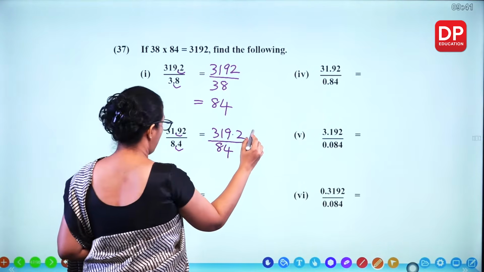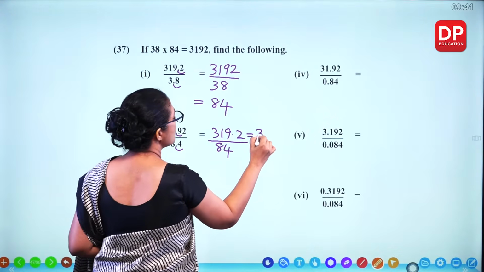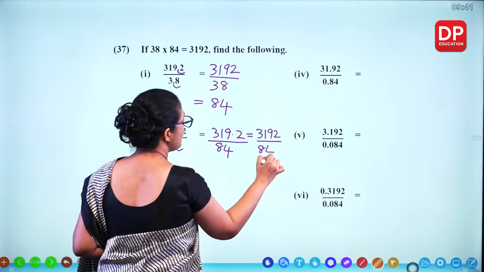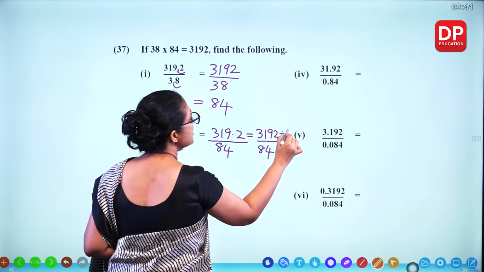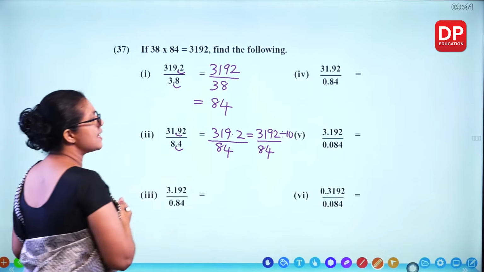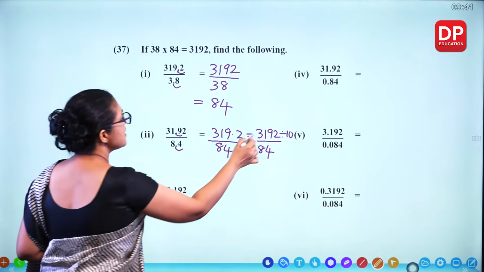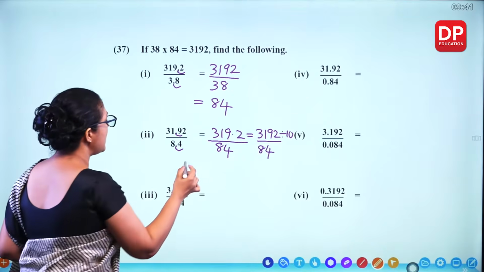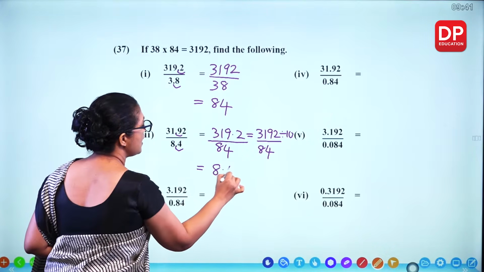So, I can rewrite this as 3192, here 84, this one divided by 10. Answer divided by 10. This answer is 84. 84 divided by 10, you get 8.4.